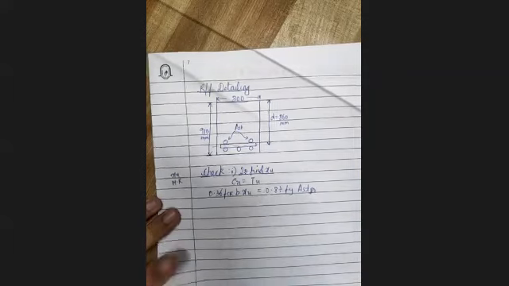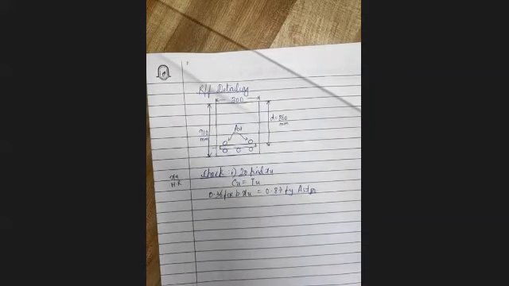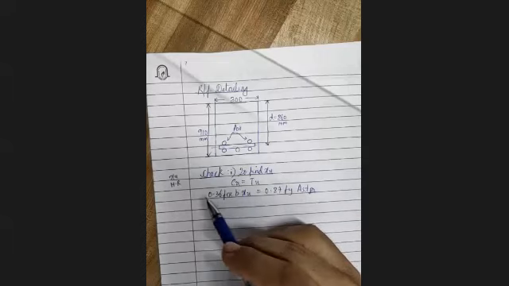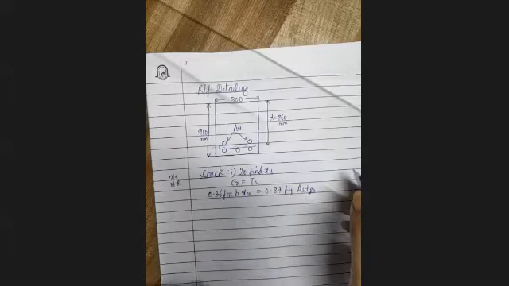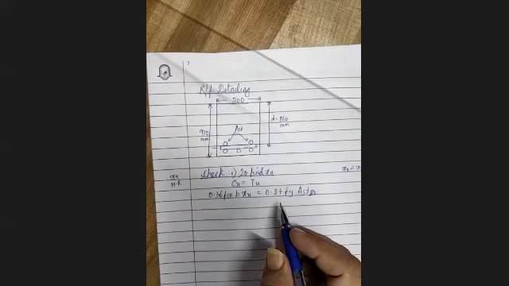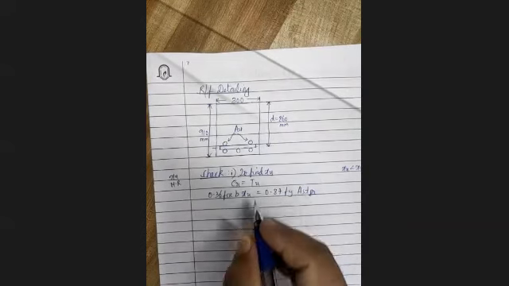So since now the AST is changed, so for that your XU will also change. So that is the reason we are checking कि ये जो स्टील जब भी हमने प्रोवाइड किया है तो उसके लिए तुम्हारा XU का क्राइटेरिया सेटिस्फाइड है या नहीं. That means whether your XU is less than XU max or not.